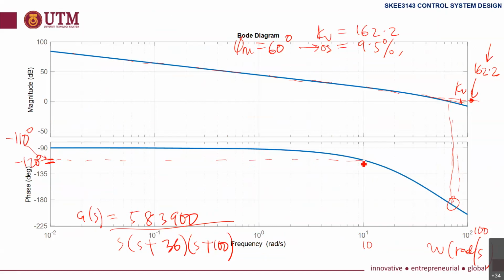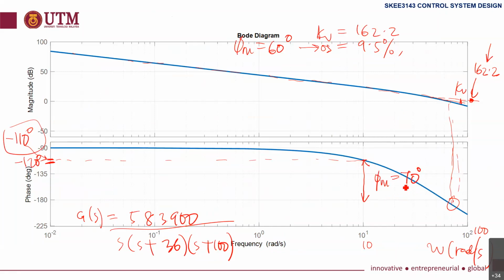If we take the phase margin as 70 degrees, that's why our interest is minus 110 degrees, because we want 70 degrees phase margin. But how can we make sure the system now has phase margin 70 degrees?